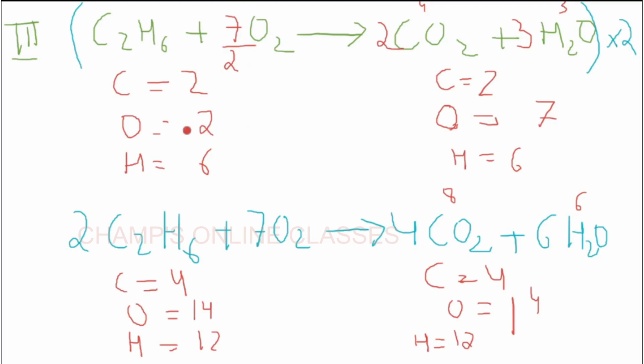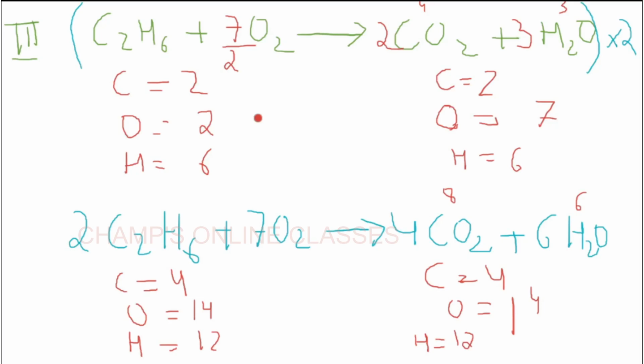So always start with metal, balance it, go on to non-metal, balance that, but then in the next step check again if that metal is still balanced or if it has changed because of multiplying for the non-metal. And if it has changed, before going on to oxygen and hydrogen, try to balance that metal and only then go on to your oxygen and hydrogen.